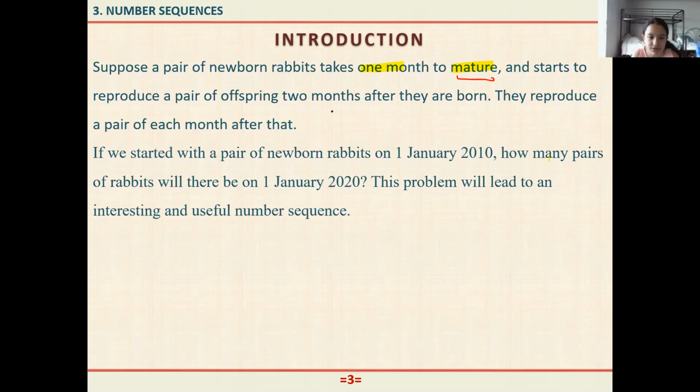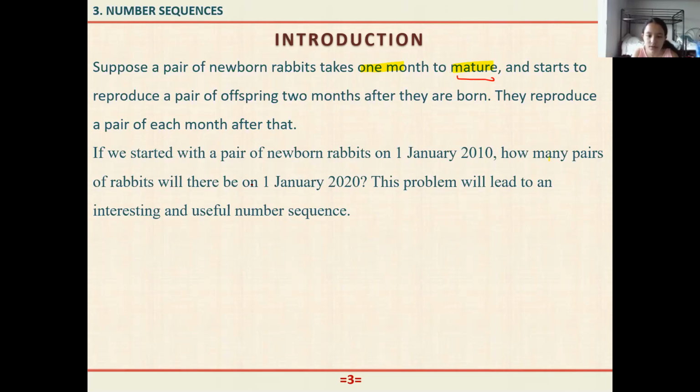They reproduce a pair each month after that. If we start with a pair of newborn rabbits on January 1st, 2010, how many pairs of rabbits will there be on January 1st, 2020? This problem will lead to an interesting and useful number sequence.